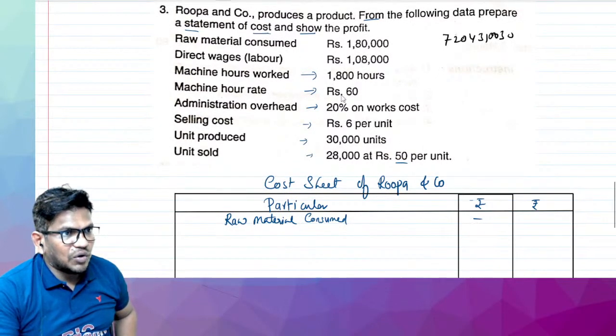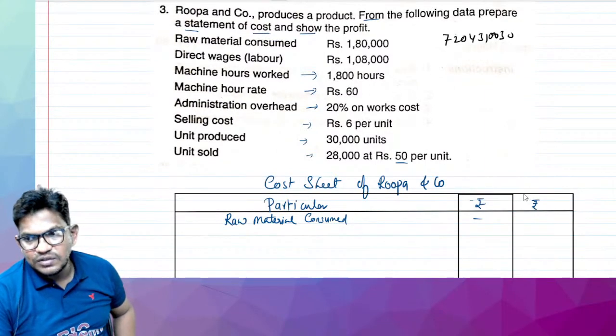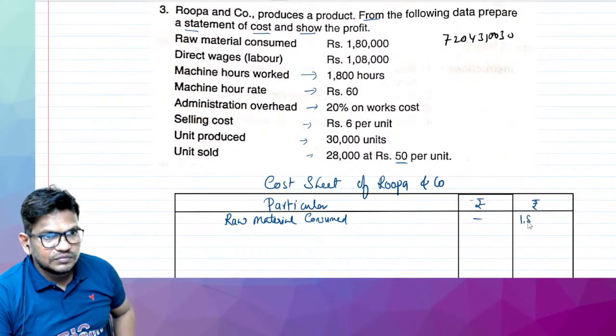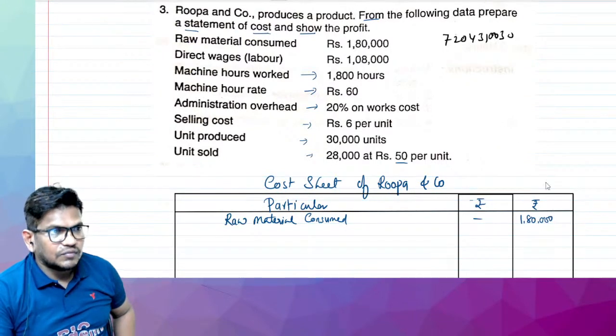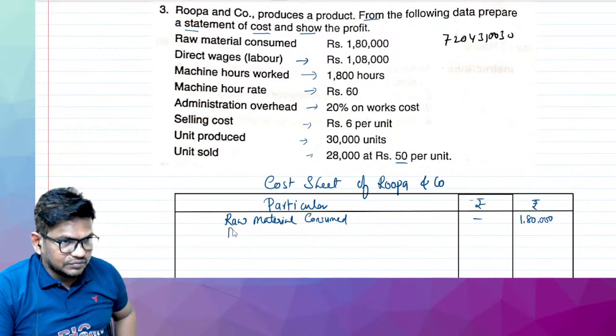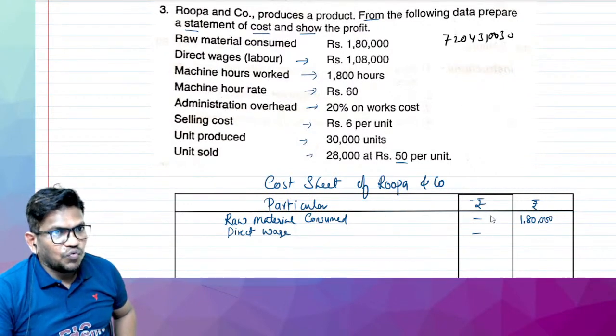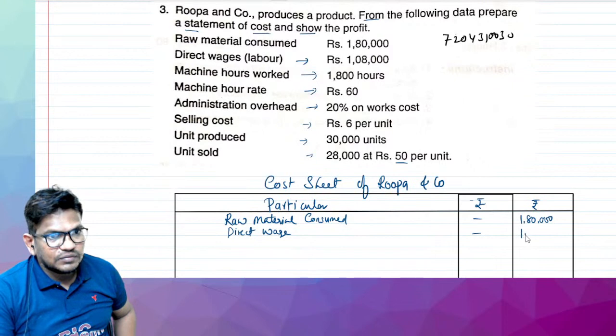You can write it directly in the outer column, I don't have any issues. Note it down here, 1,80,000. Direct wages, 1,08,000.